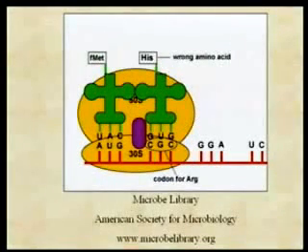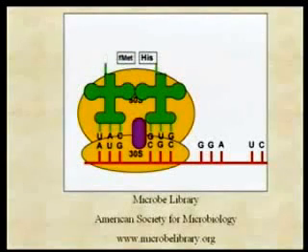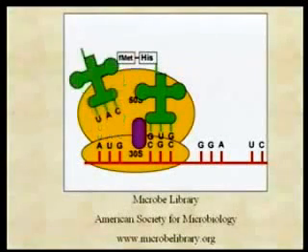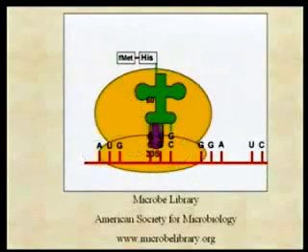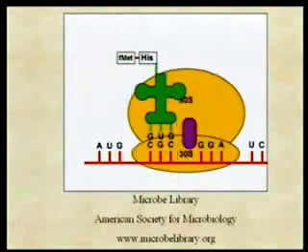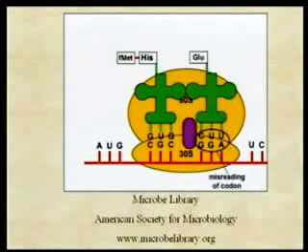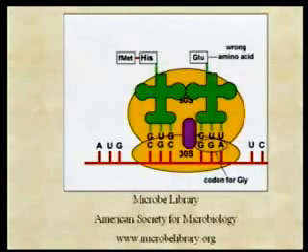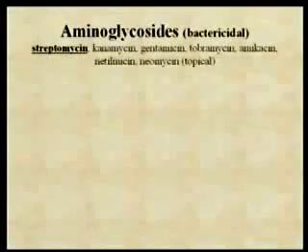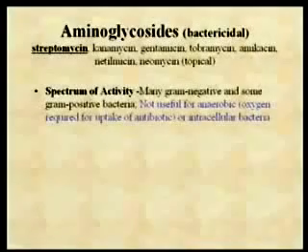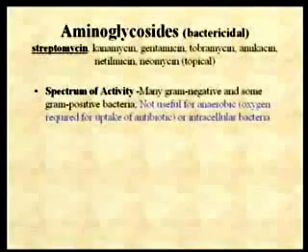So the wrong amino acid is going to be inserted at this point. Peptide bond formation goes on, and you end up with a lot of errors, a lot of bad proteins being made because they just get the wrong amino acids put in. And it can cause misreading of the next codon and so on. All right, so that's their mode of action.